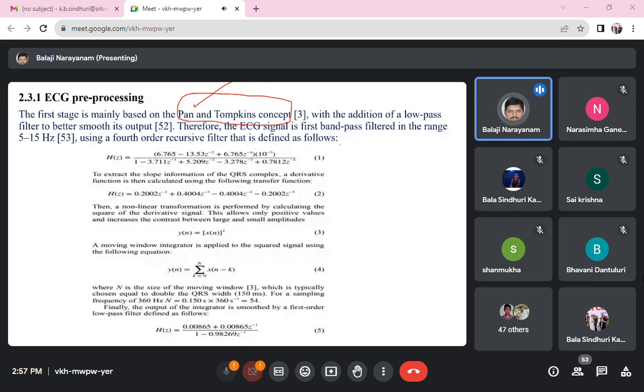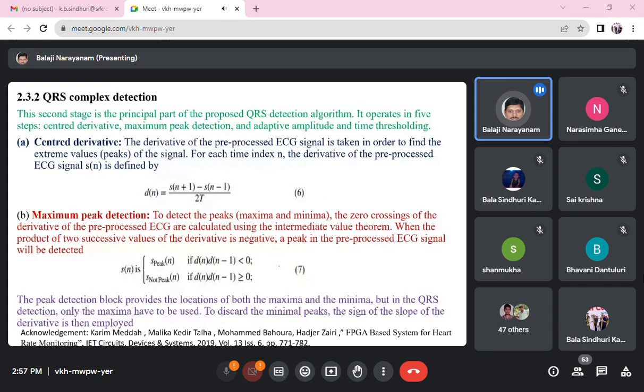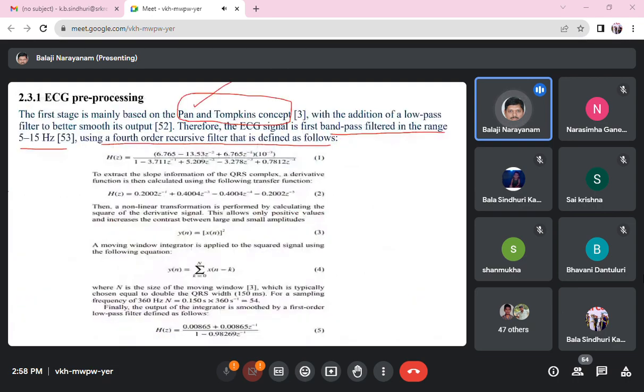Therefore, the ECG signal is first band pass filtered in the range of 5 to 15 hertz using a 4th order recursive filter. So this is a 4th order recursive filter that you can see, and the corresponding equations are given. And for the QRS complex detection, as we have seen in this stage, there is a centered derivative.